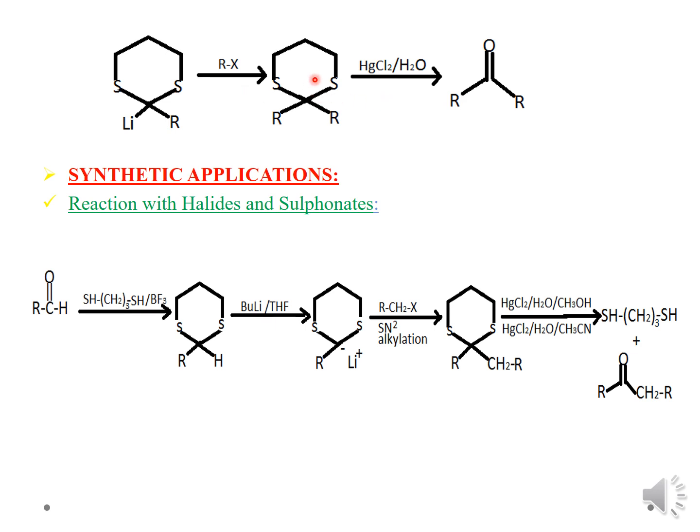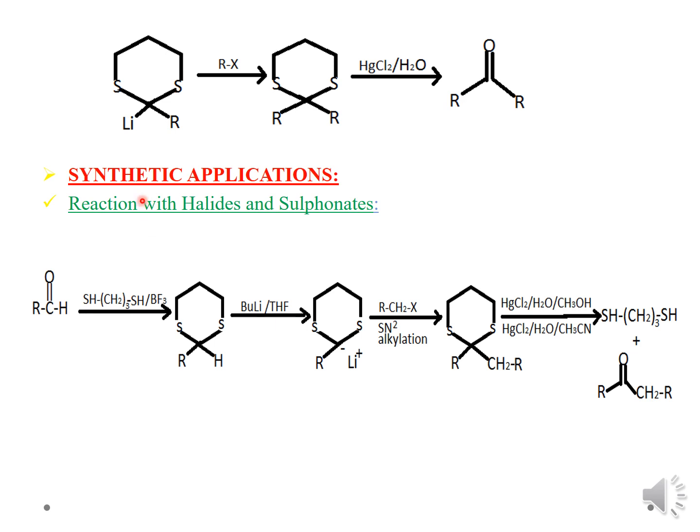Then once you treat it with mercuric chloride upon hydrolysis, this acts as a protecting group. Whenever you treat it with a metal such as mercuric chloride or cadmium carbonate, it gets deprotected. This is only the deprotection of your carbonyl compound, resulting in the ketone.